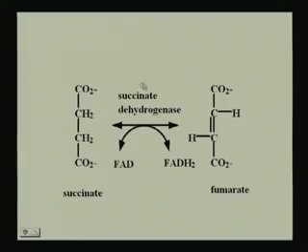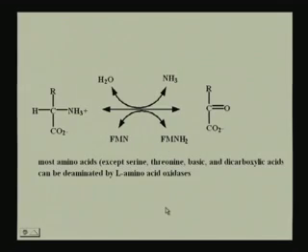So, this is also a reaction. Succinate dehydrogenase alone will not work. First of all, it has to have a place to put these two hydrogens. FAD takes up the two hydrogens forming FADH2, and in the event you get your fumarate from succinate. Okay. So, we also have FMN going to FMNH2.